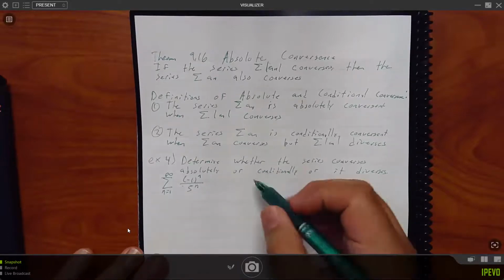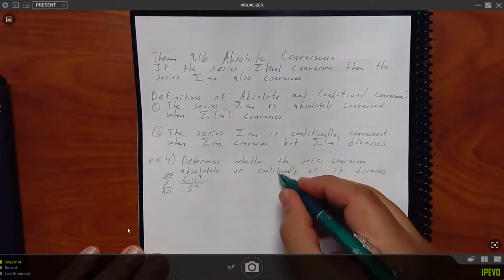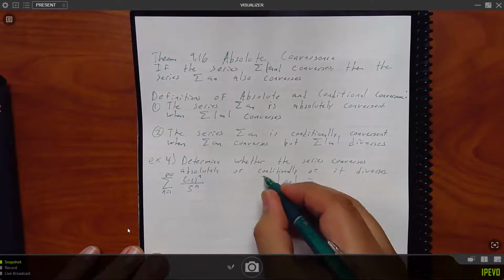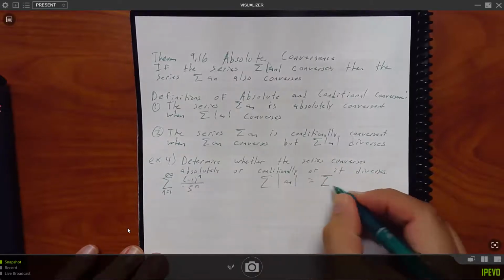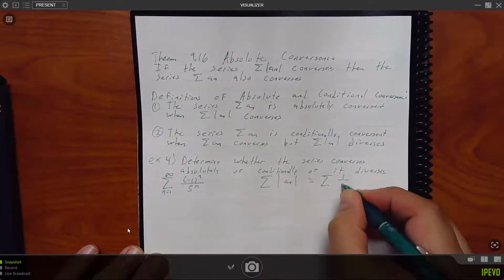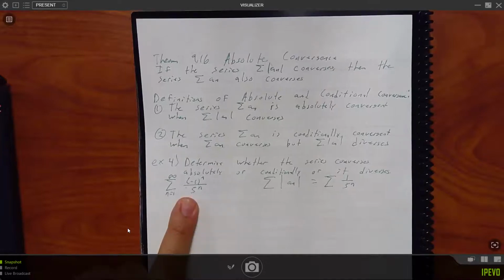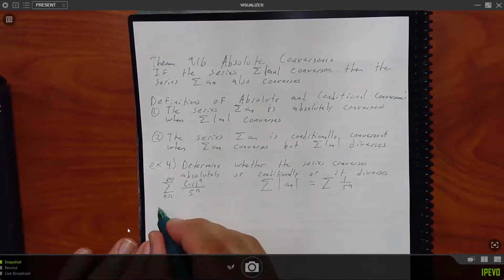Correct. So remember, to use absolute and conditional convergence, you have to take the absolute value of a sub n, or examine that series. So what we are really looking at is this guy. If that converges, then that means this one absolutely converges. We're done. We don't do anything else. So let's look at this guy.